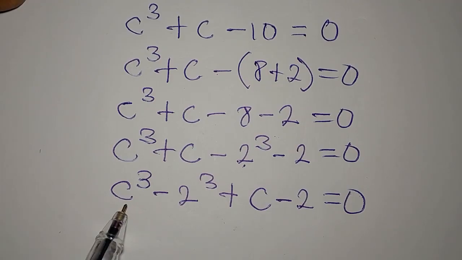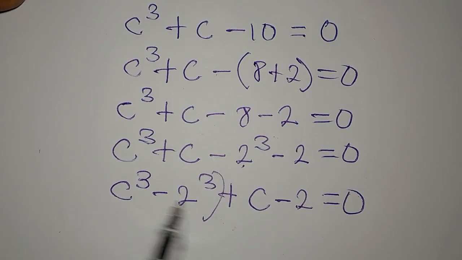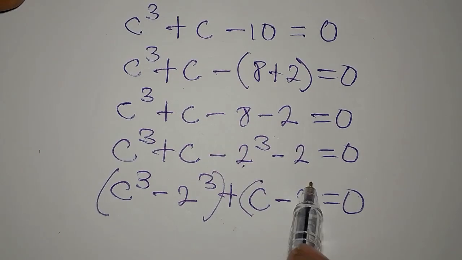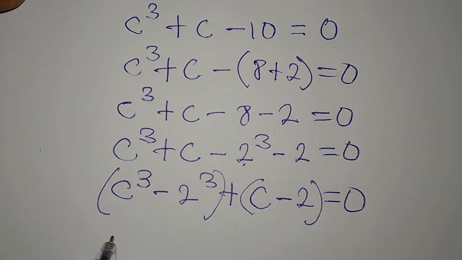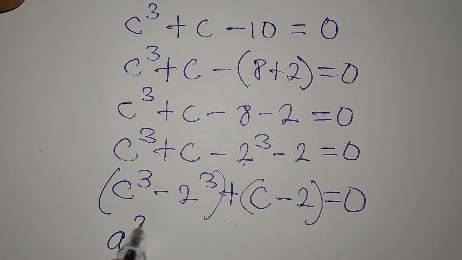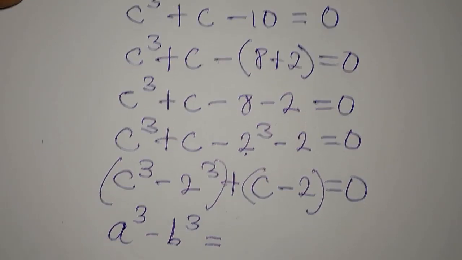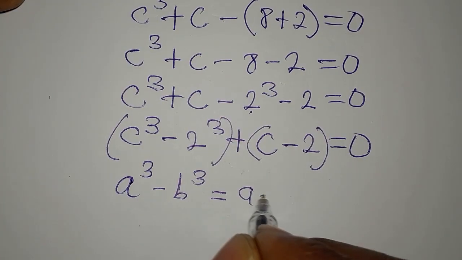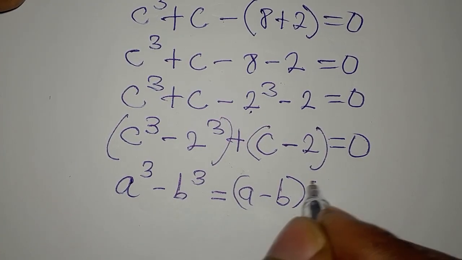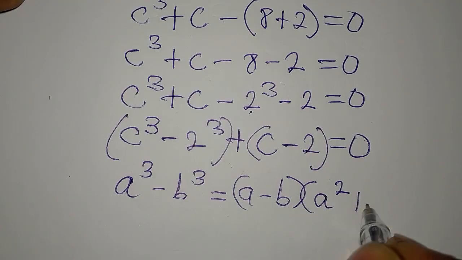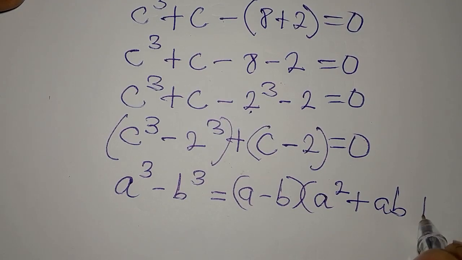Now, here we have difference of two cubes. Okay, so let's deal with this first. If we have A cube minus B cube, this is an identity and it's equal to A minus B into A squared plus AB plus B squared.